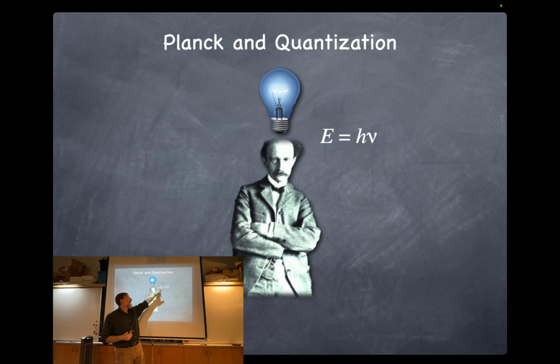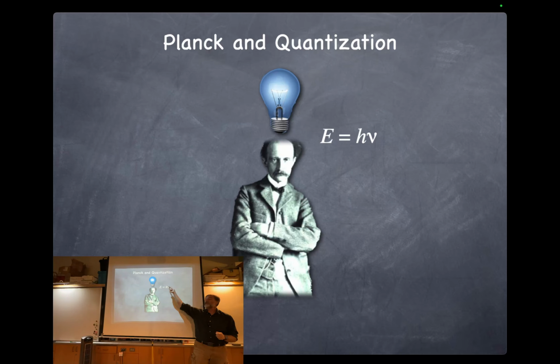The energy that a particle of light, which is a weird concept we'll talk about in a few minutes, could have must be Planck's constant times its frequency. And this equation is also on the useful equation sheet, and you're going to have to do calculations with it.